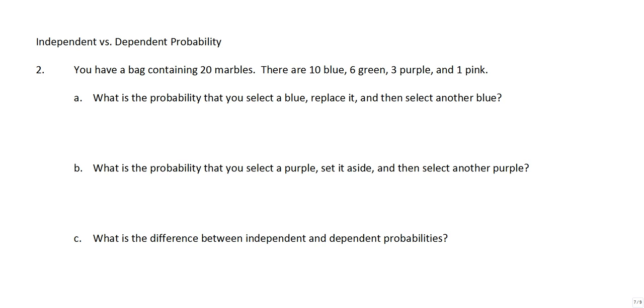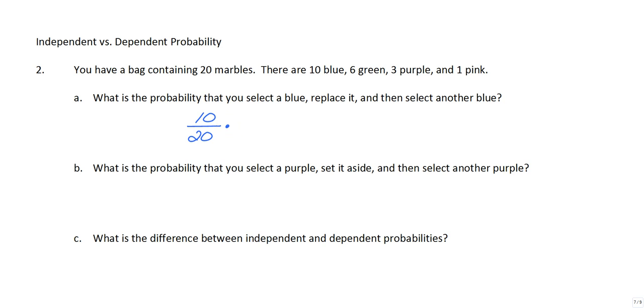So this next example is going to be the difference between independent and dependent. What's the probability that you select a blue, replace it, and then select another blue? Well, you have to obviously know that there are 20 marbles in the bag. 10 of them are blue. So we have 10 out of 20 for the first try. And independent and dependent, that's the multiplication formula.